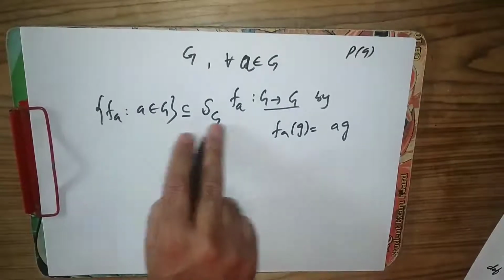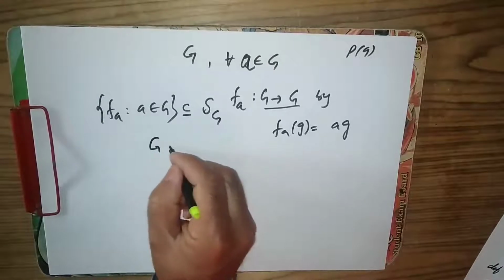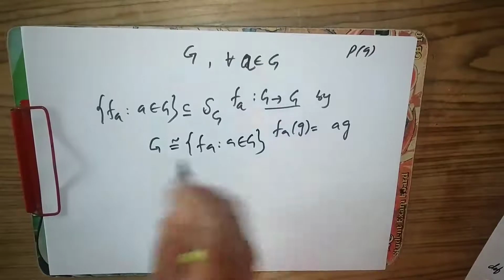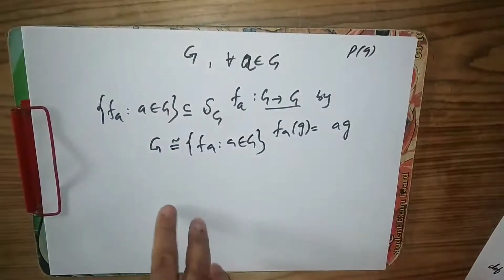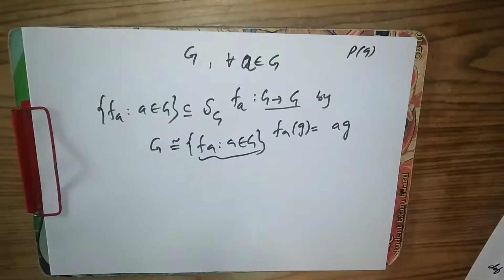It's a permutation. And we have seen that G is isomorphic to {f_a : a belongs to G}. It's actually Cayley's theorem. So Cayley's theorem states that every group G is isomorphic to some permutation group, and that's a permutation group here.